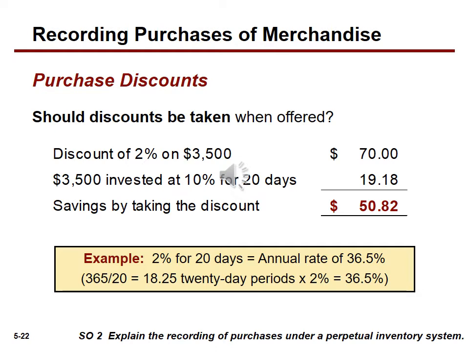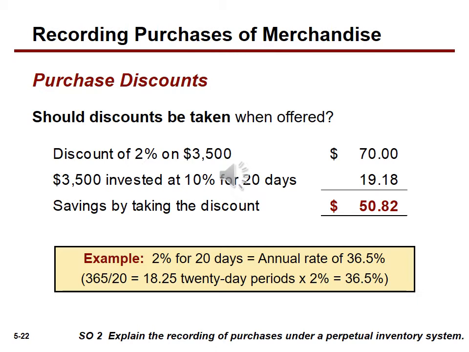So that will give us an interest rate on an investment of 36.5%. And as you can see, this annualized rate is way higher than the 10% that we normally take into account as an opportunity cost or as a return on a specific investment.